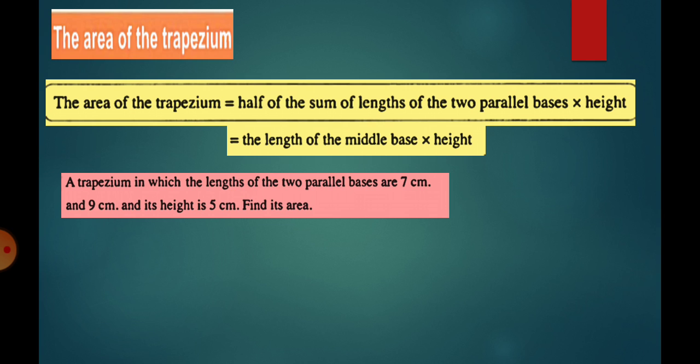Find the area of a trapezium in which the two parallel bases are 7 and 9 and the height equals 5.